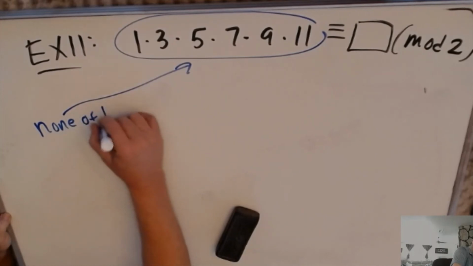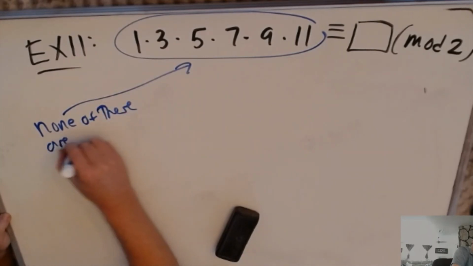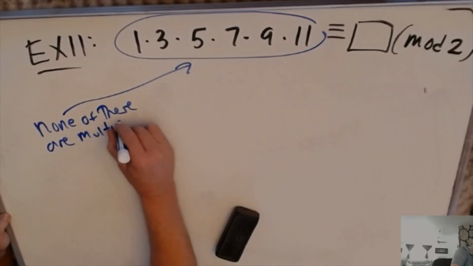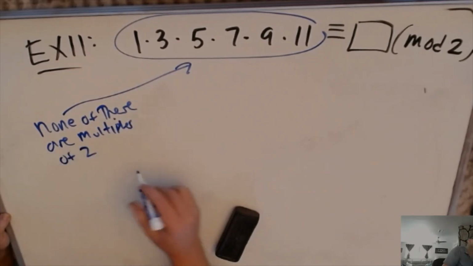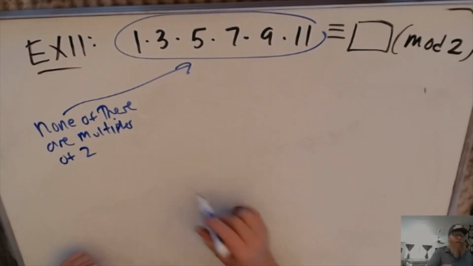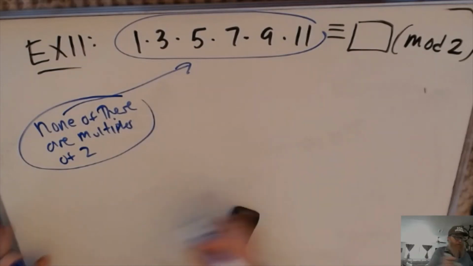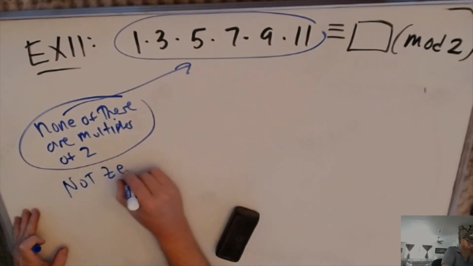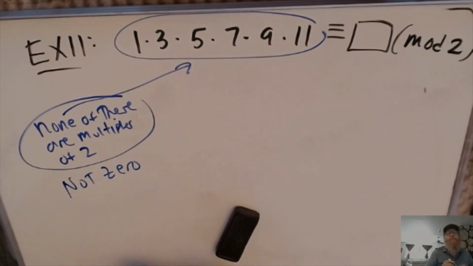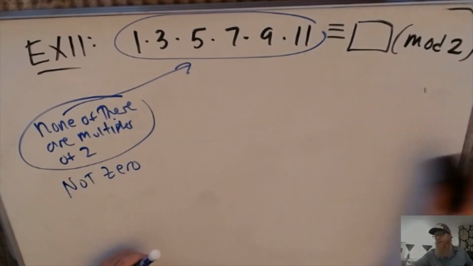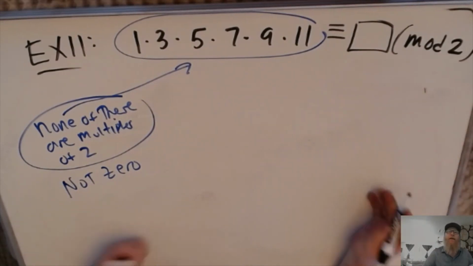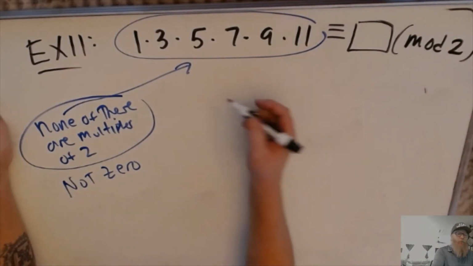None of these are multiples of 2. All right, so none of them are going to be 0. So it's not going to be 0. So you're not going to get a free answer on this one. So in this case, let's just do each one.